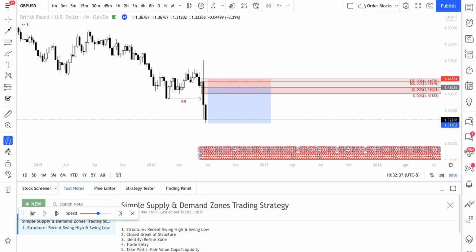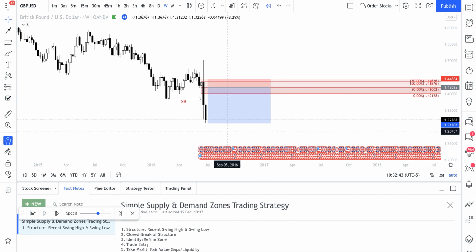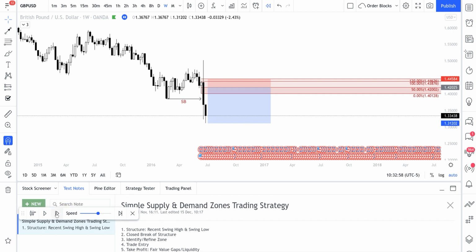We set our trade entry at the 50%. Our take profit is going to be the fulfillment of fair value gaps, or liquidity. Let's just play this out a little bit. Let's let the market play out just a tad.